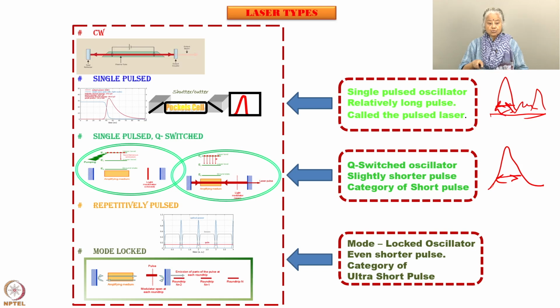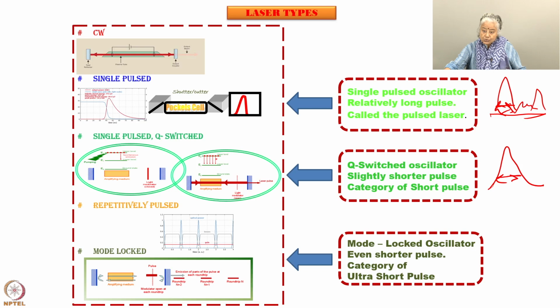Next, if you want to go to an even shorter pulse, the method, as I have said, is the mode locked pulse. I will be speaking in detail about this mode locked system and even the Q switched system, but here it is just to say that a mode locked oscillator pulse is even shorter than a Q switch pulse, and it falls under the category of ultra short pulses.